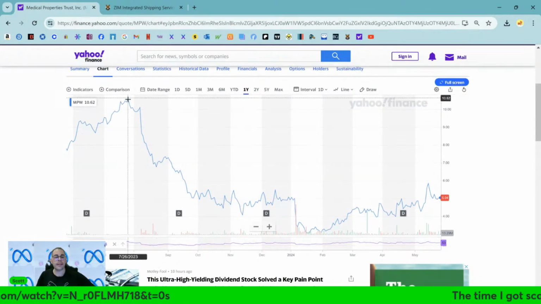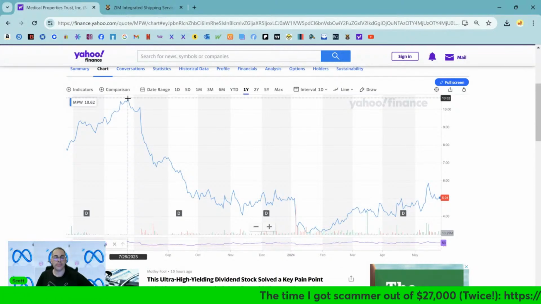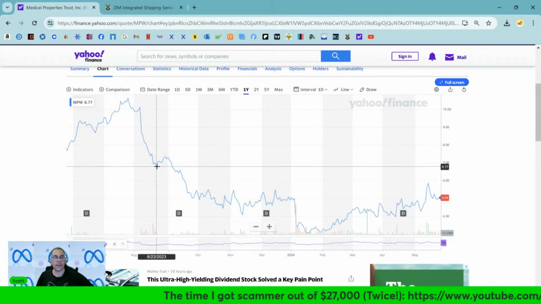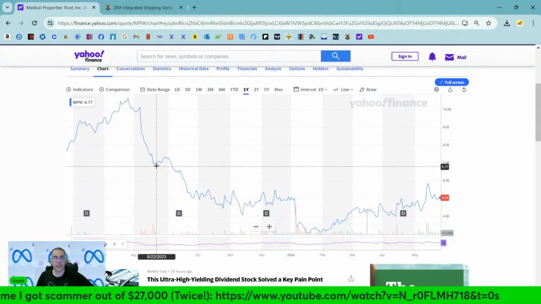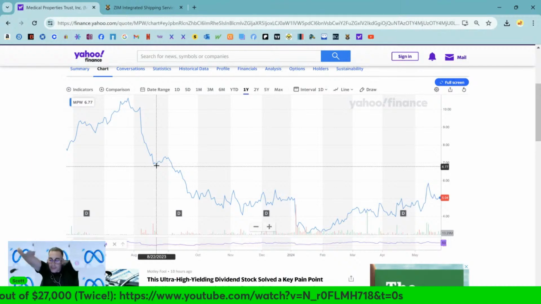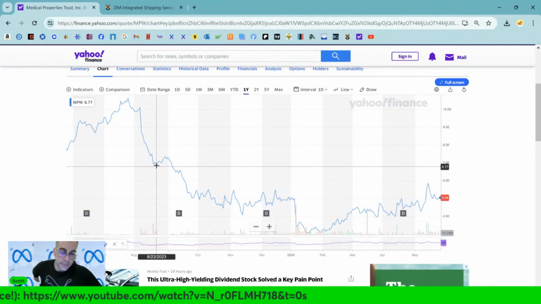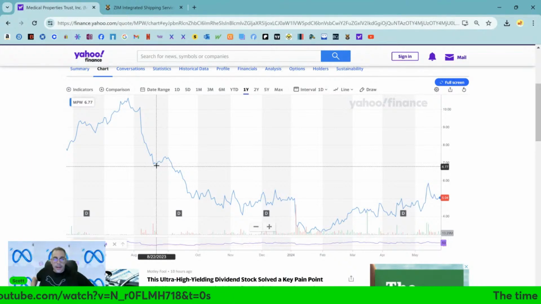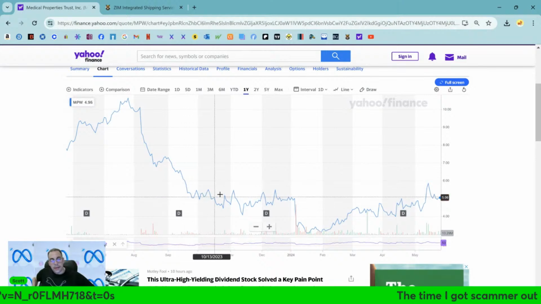It was $10 in July 2023, and then they had a real big dip, down to below 7. And I thought that was a good time to buy it, below 7. And then it just kept coming down.